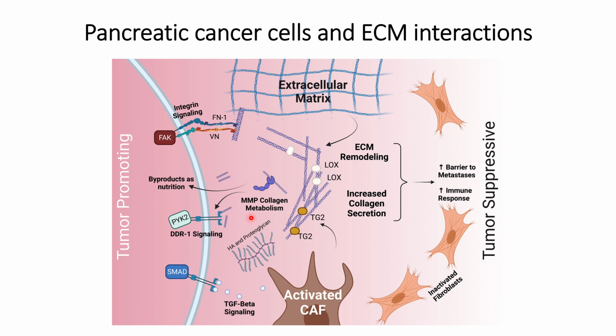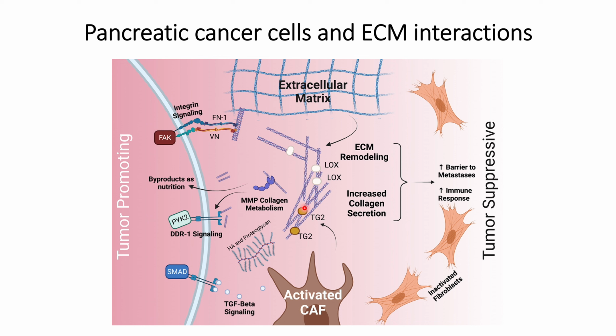Apart from this, the activated CAF will release cytokines such as TG2, and this will help in actin polymerization, which can be seen here.